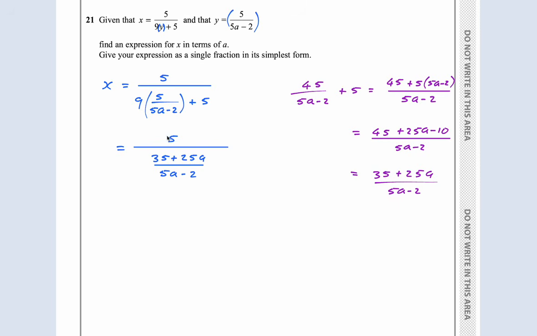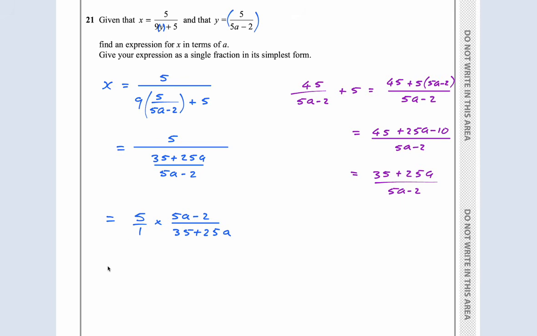So you're dividing fractions. If I'm dividing fractions, remember how to divide fractions, you actually multiply. So think of 5 as 5 over 1. To divide by a fraction, you flip it upside down and multiply. So it's 5 times 5a minus 2 over 35 plus 25a, like that.